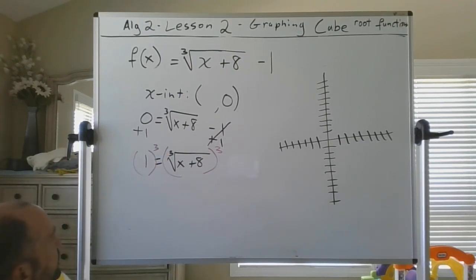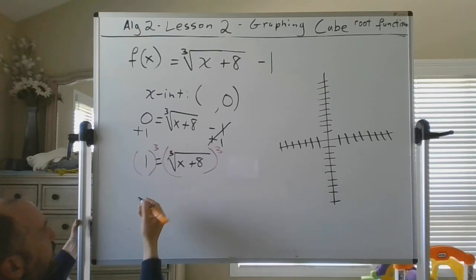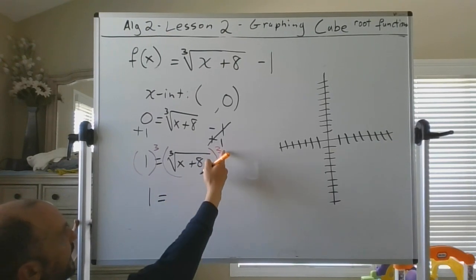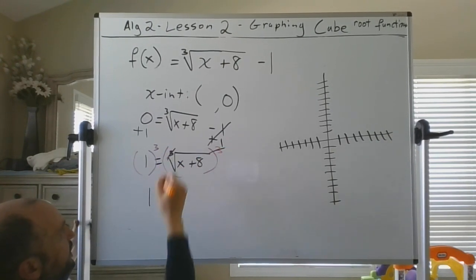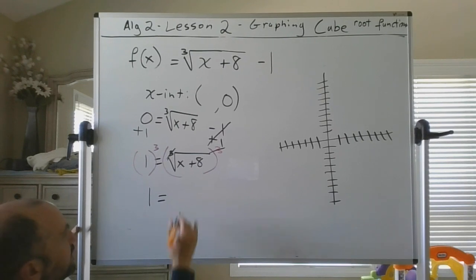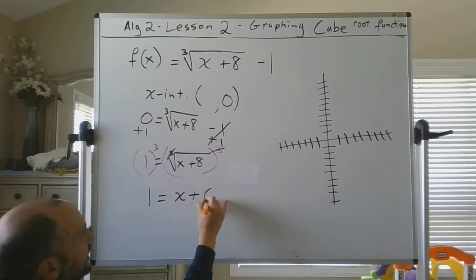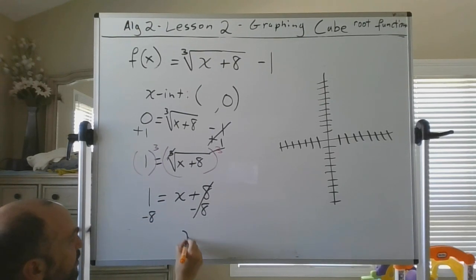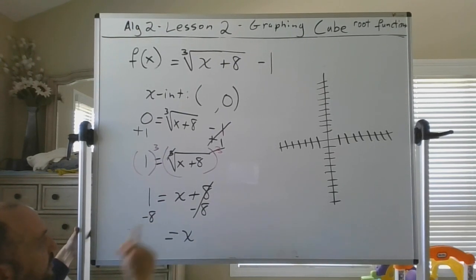That's going to leave us with 1 to the power of 3, which is 1 times 1 times 1, otherwise known as 1 cubed, which is 1, equals, and this cube root is going to cancel. I'm going to be left with x plus 8. Last step, minus 8, minus 8. We finally got our x-intercept here. The x value for our x-intercept is going to be negative 7.